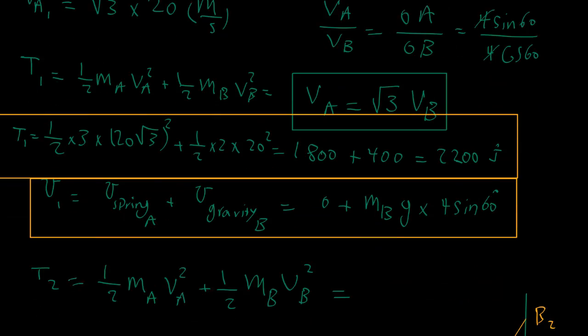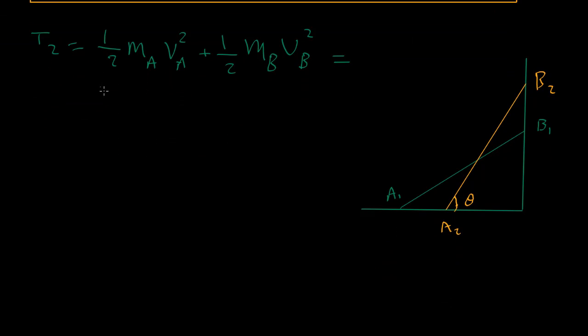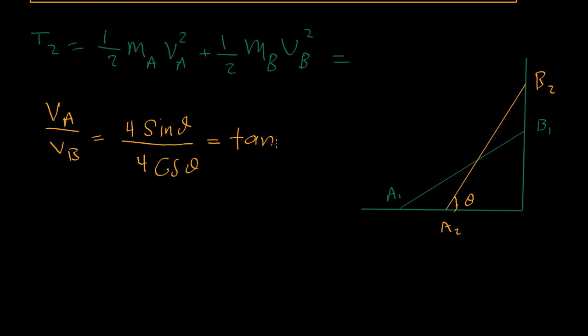So we have v_A over v_B equal to 4 sine theta over 4 cosine theta. This is tangent of theta. So basically, v_A is equal to v_B tangent theta.